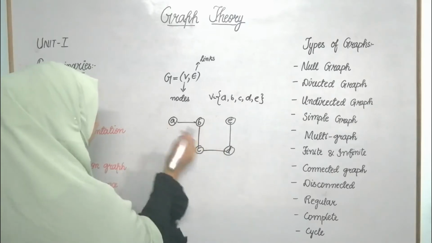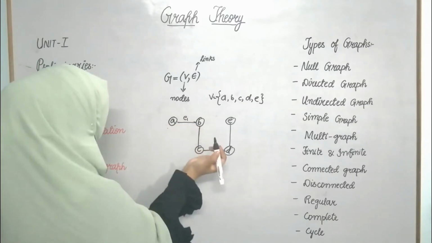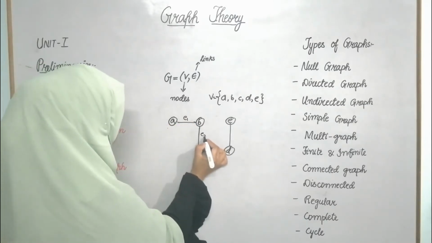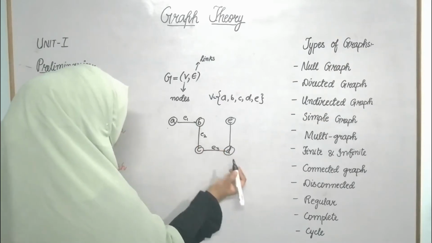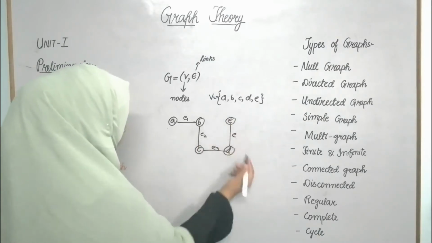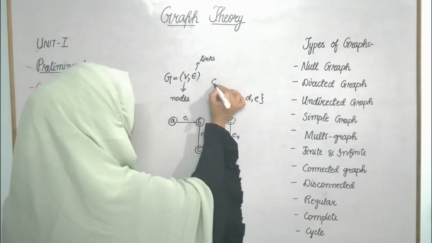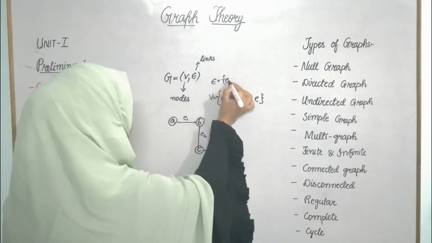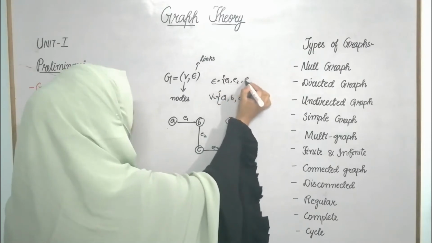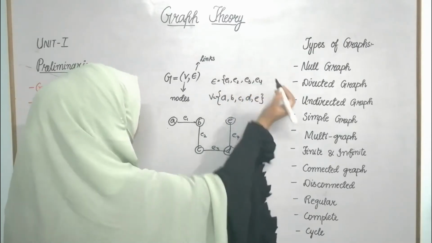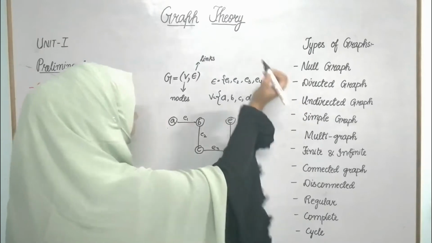Suppose from A to B the edge is E1, from B to C it is E2, from C to D it is E3, and from D to E it is E4. So the set of edges will be E1, E2, E3, E4. That's it.